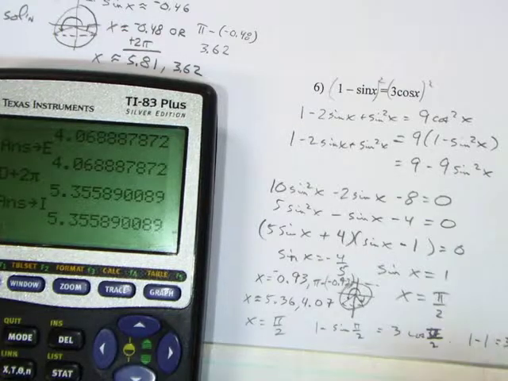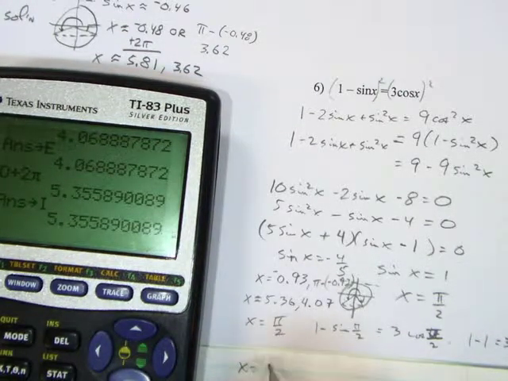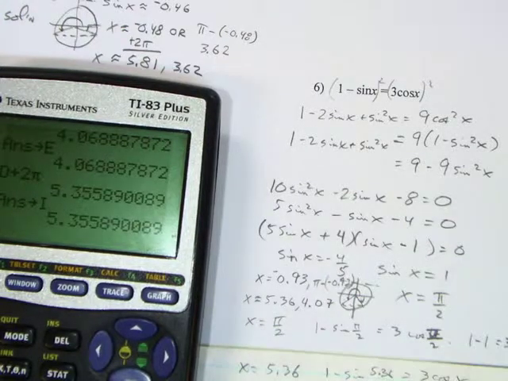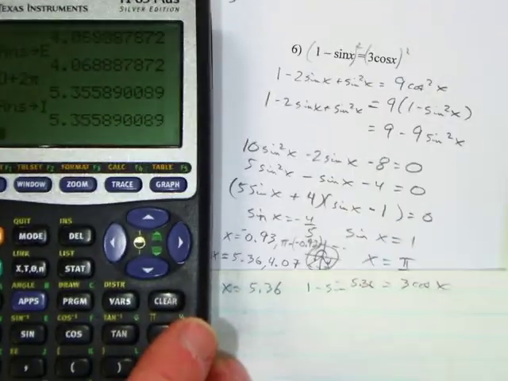When we check the 5.36 one, we're going to have to say 1 minus the sine of 5.36. Does this equal 3 times the cosine of that? Well, this is all going to be done on the calculator in order to do this check. Now I put this in I, and it's also the number I just used.